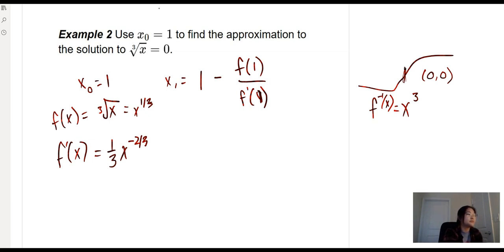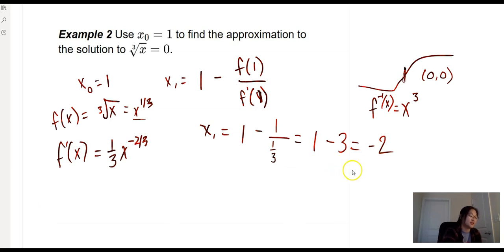We get x1 equals 1 minus f of 1, which is 1 to the 1/3 power, divided by 1/3 x to the negative 2/3 power, which is just 1/3. So then I get x sub 1 is 1 minus 3. 1 minus 3 is negative 2, which is an even worse guess than what we were doing before. So let's look at the picture to see why that's happening.